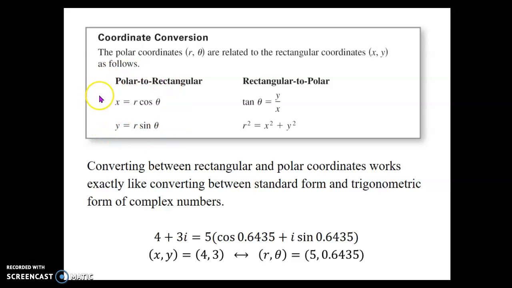That gives you formulas that let you convert from polar, r theta, to rectangular, x, y. Those are very straightforward. You just plug in the numbers and that gives you the x and the y.